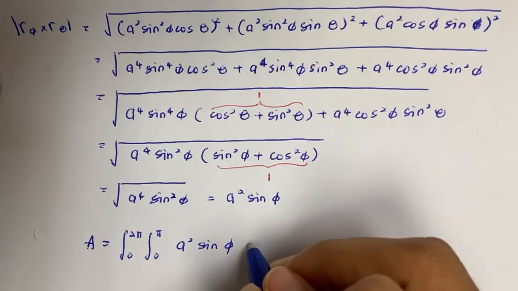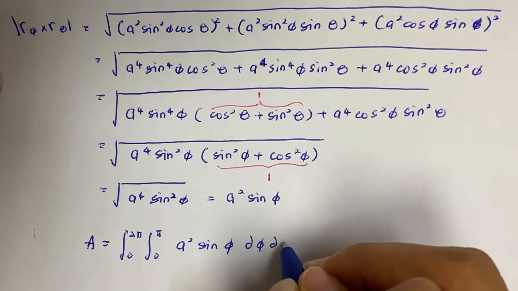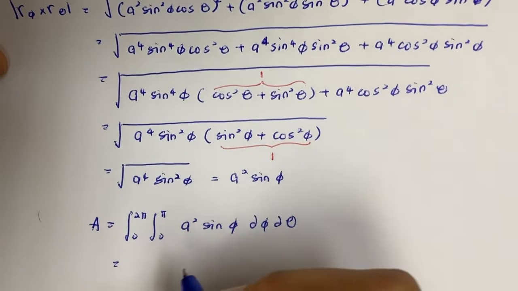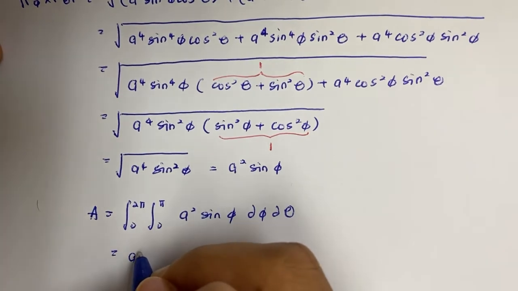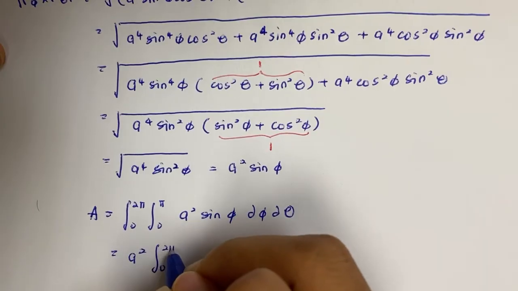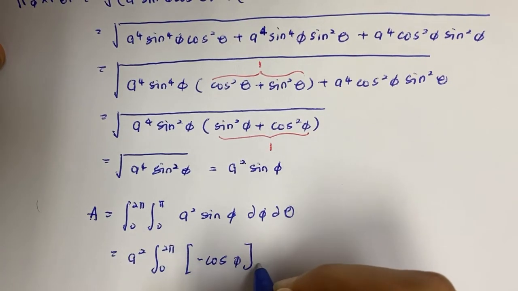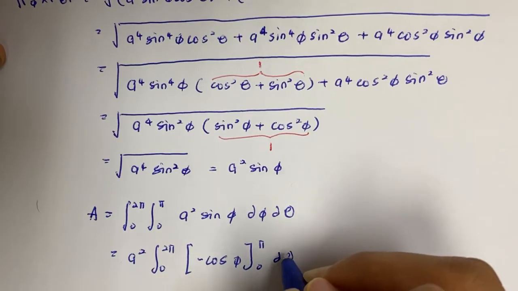Okay, and then do the integration with respect to d phi d theta. So a square is the constant, so a square, 0 to 2 pi, integrate sine, you get negative cos phi, 0 to pi, d theta.